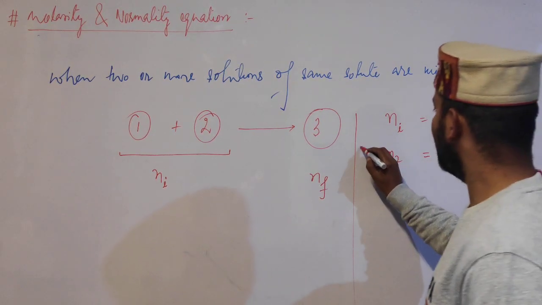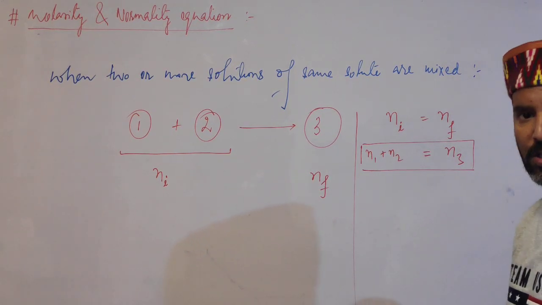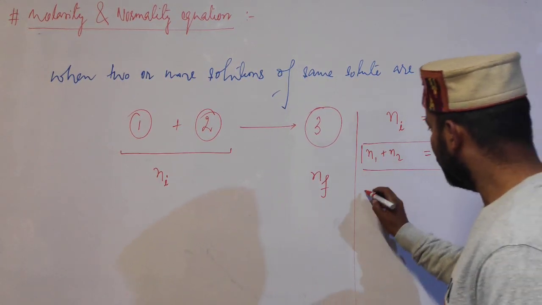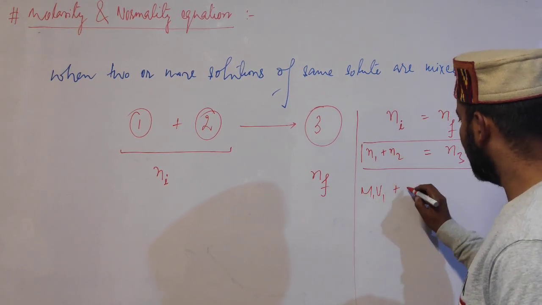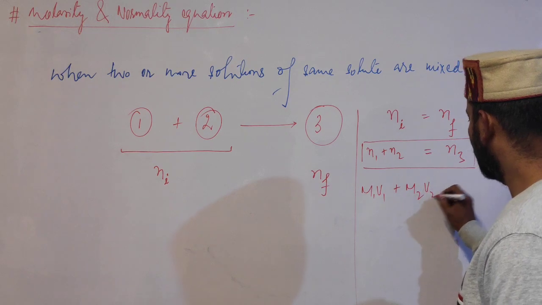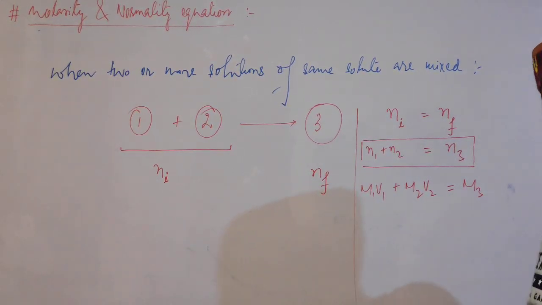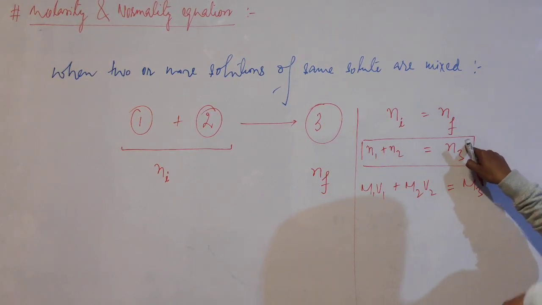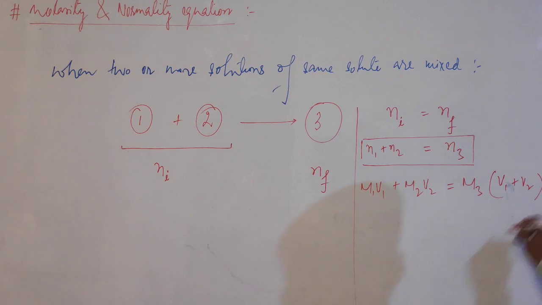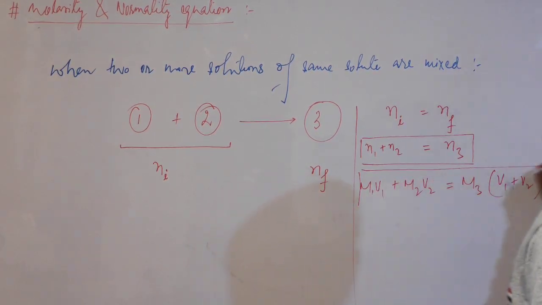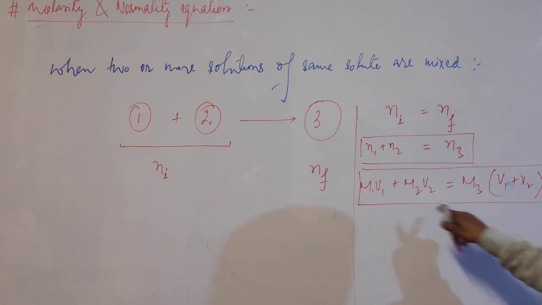Now how do we find the number of moles from molarity? The number of moles is molarity into volume. For the second solution also it is molarity into volume, and for the third solution it is molarity into volume. Now students, what will be the volume of the final solution? Obviously it is V1 plus V2. So this is the molarity equation when we mix 2 or more solutions.